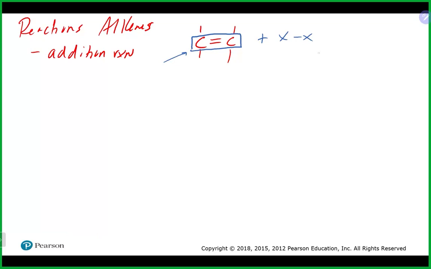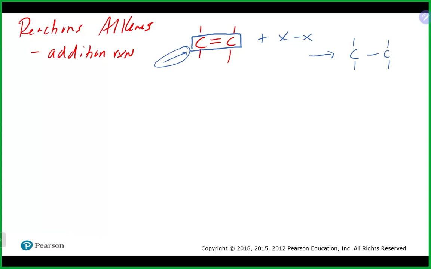As I talked about last time, when you're drawing the products of these reactions, you pretty much always have the answer staring at you on the left-hand side of the arrow. You just need to adjust it accordingly to what is going on. In this case, everything else remains exactly the same.